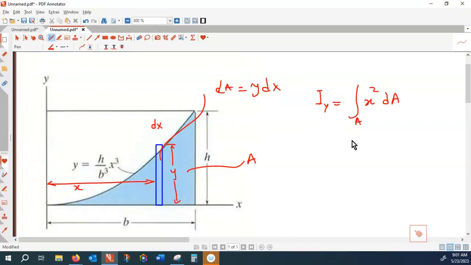One might think that I need to find x before working this integration, but that's not true.